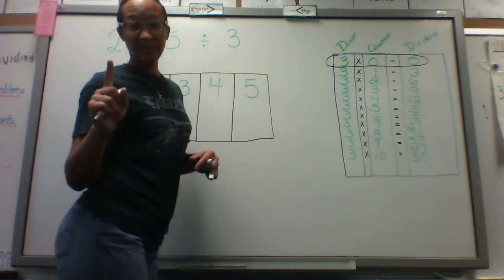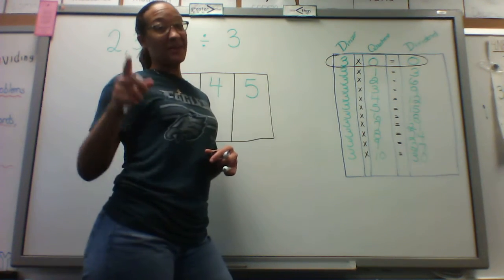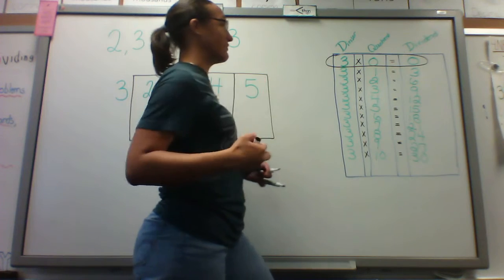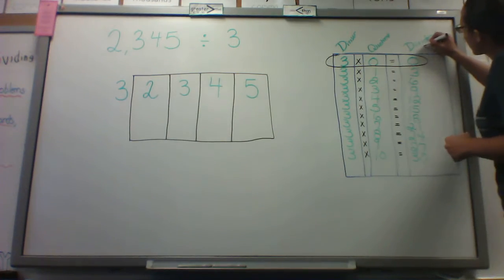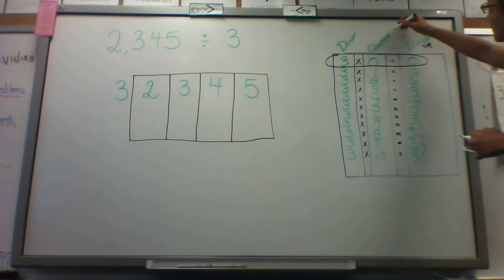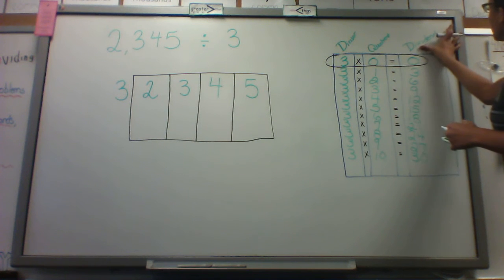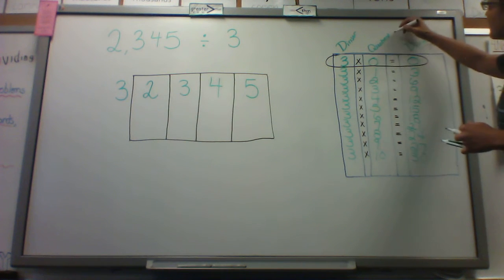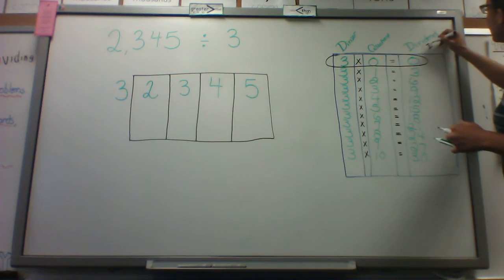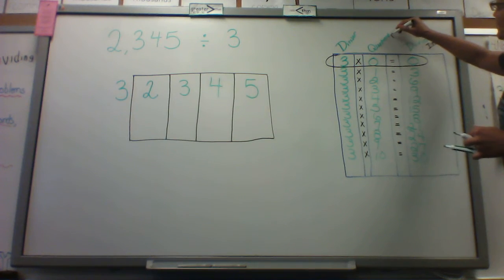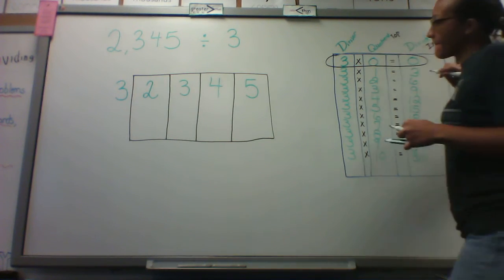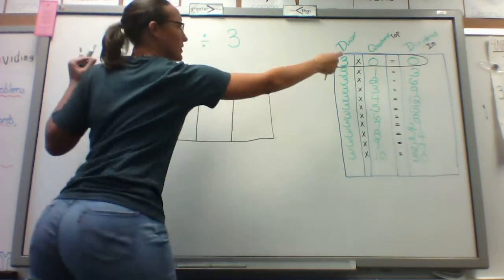Now let me make it a little bit easier for you all, because I know some of you like to say top and bottom instead of dividend and divisor. My dividend is the one on the inside, and my quotient is the one that's on top. Okay? So which one goes on top? 0.